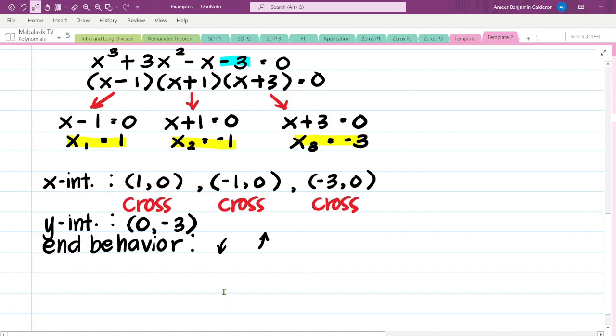Last consideration, turning points. So identify the number of turning points and specific turning points. So the number of turning points is degree minus 1.